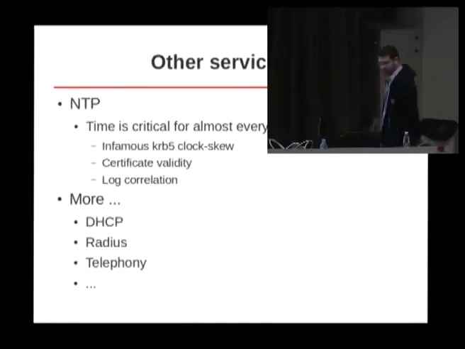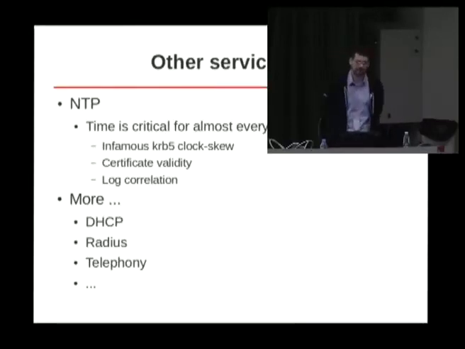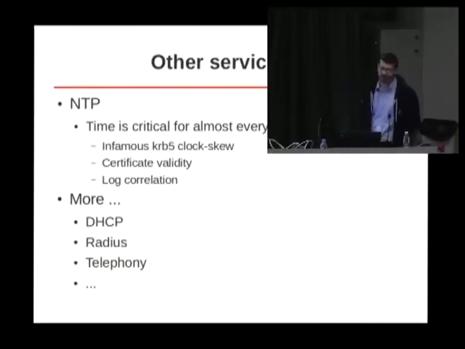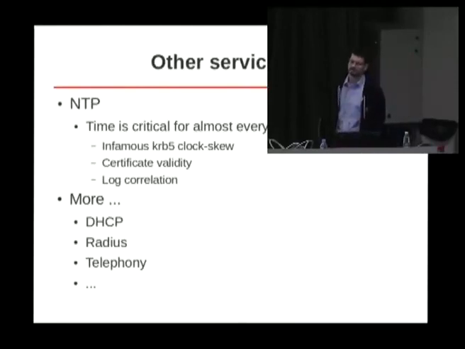Another component that is really neglected, and that's why I want to point it out, is NTP. NTP is the Network Time Protocol, and it is critical for a lot of things. In our case, it's critical especially for Kerberos, where there is this famous Kerberos 5 clock skew, because we don't want tickets to be usable forever.